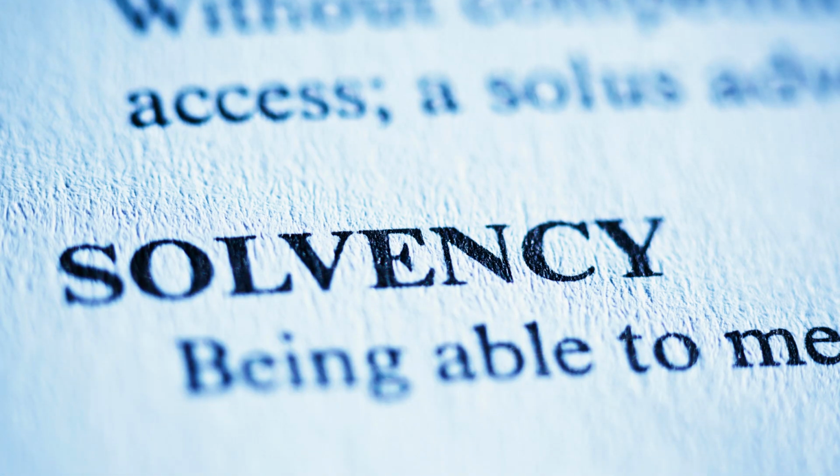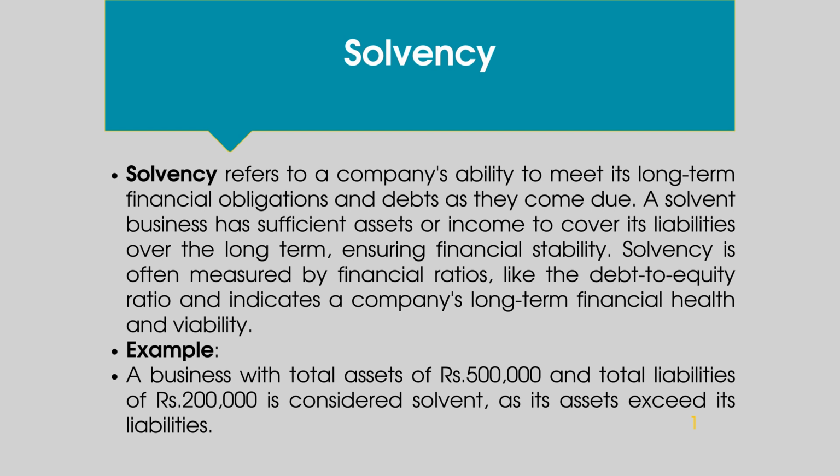Solvency. Solvency refers to a company's ability to meet its long-term financial obligations and debt as they come due. A solvent business has sufficient assets or income to cover its liabilities over the long term, ensuring financial stability.